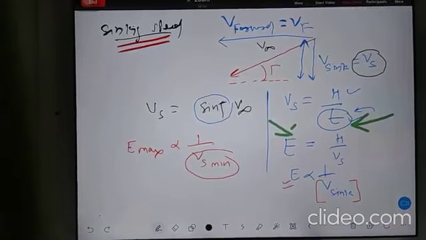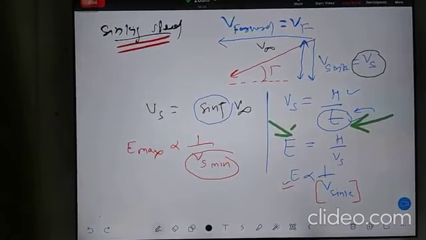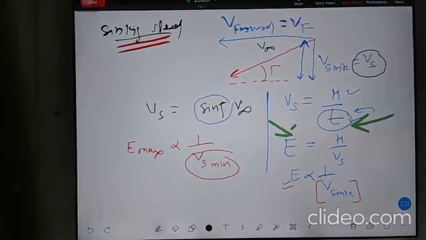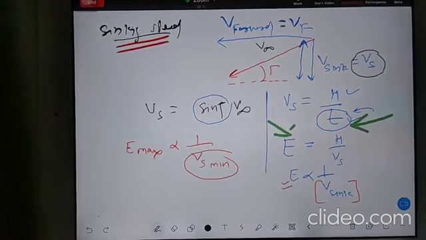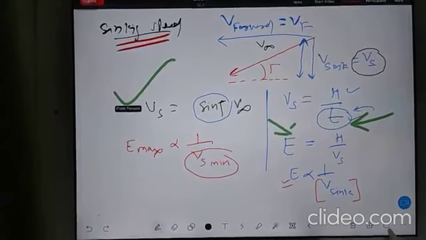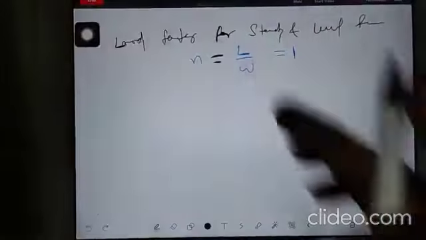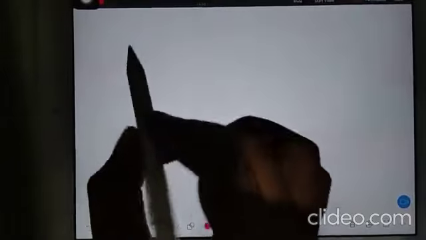Replacing time with the new word endurance. Done? Okay, I will change the page now.